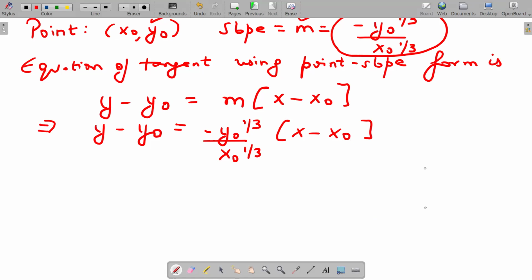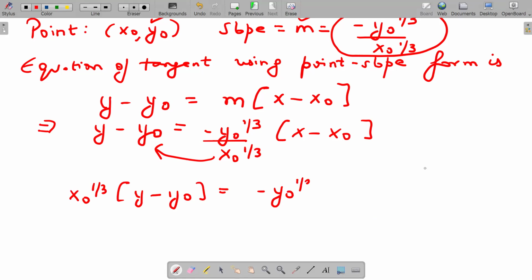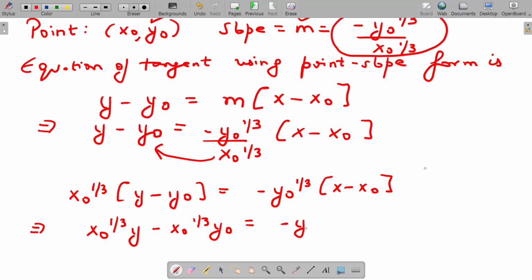So I can just take x0 to this side and multiply. So x0 to the power 1/3 times y minus y0 is equal to negative y0 to the power 1/3 times x minus x0. And now if I multiply it throughout, I get x0 to the power 1/3 times y minus x0 to the power 1/3 times y0 equals negative y0 to the power 1/3 x.